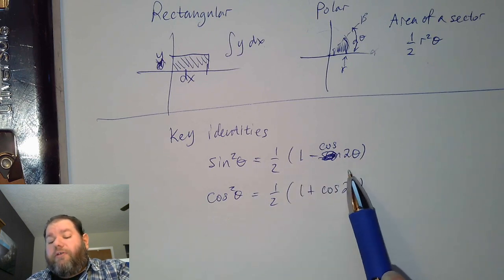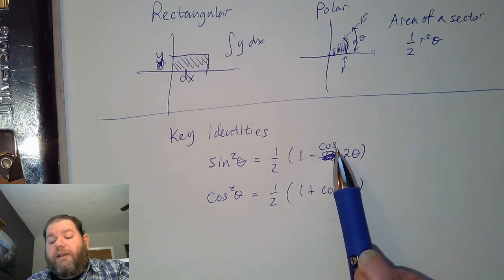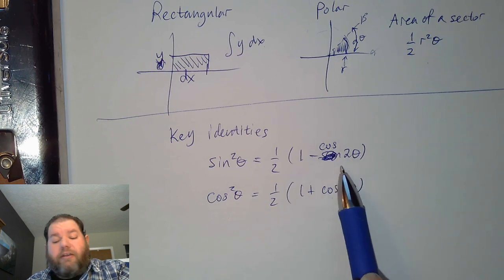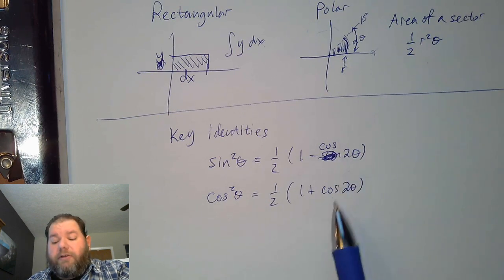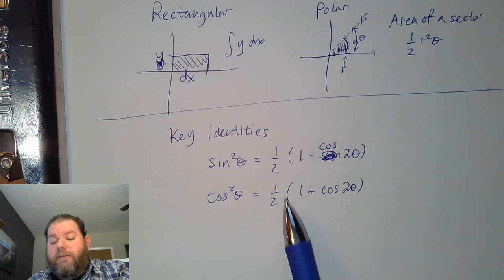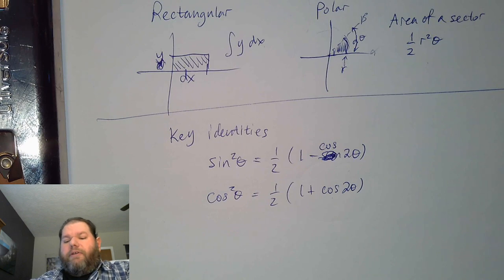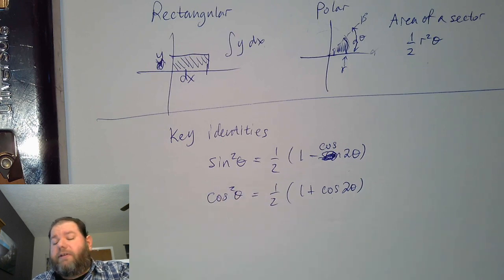So we convert it to where we have a linear cosine function, cosine to the first power, and that can actually be integrated, as well as the constant with it. That's really the key that allows us to integrate most of these problems: using these power-reducing formulas, or power-reducing identities.